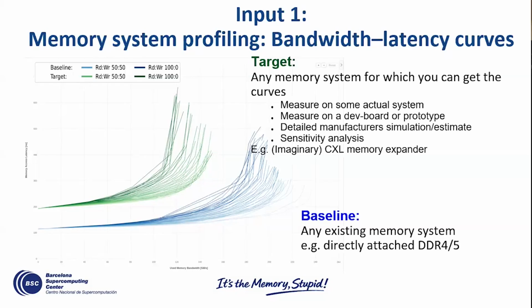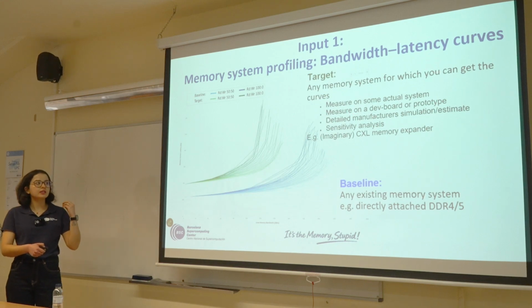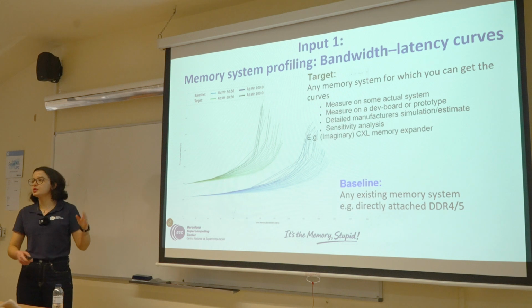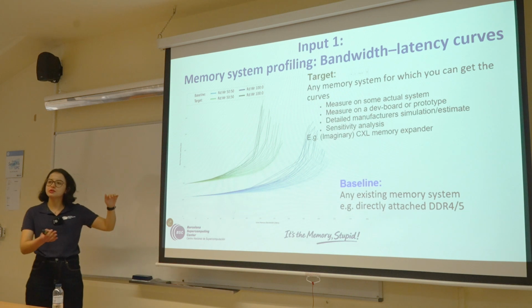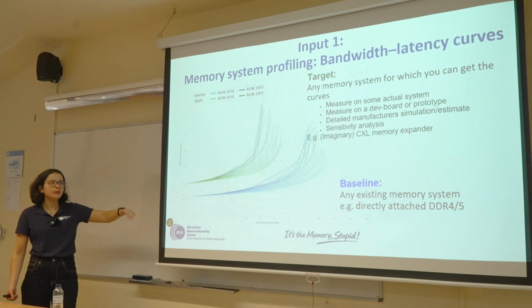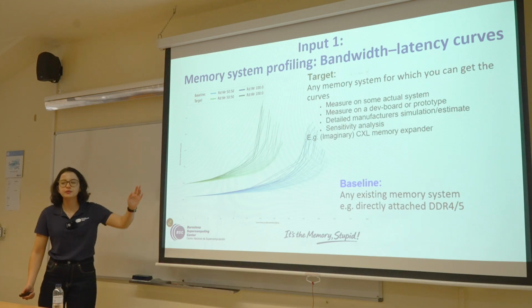You can get the curves by measuring them in a system that you have access to. You can get them measured on boards and prototypes. You can get them from a detailed manufacturer simulation. You can get them from sensitivity analysis, which means we can simulate if this curve, my baseline, would have 10% less latency or 20% more bandwidth.